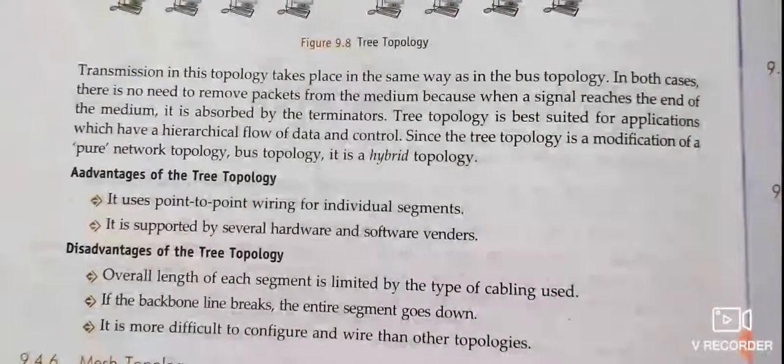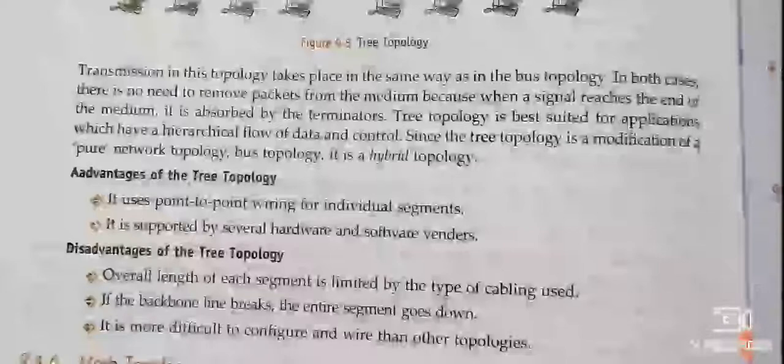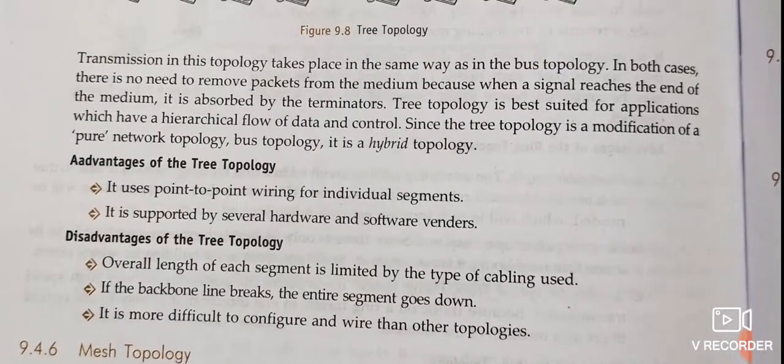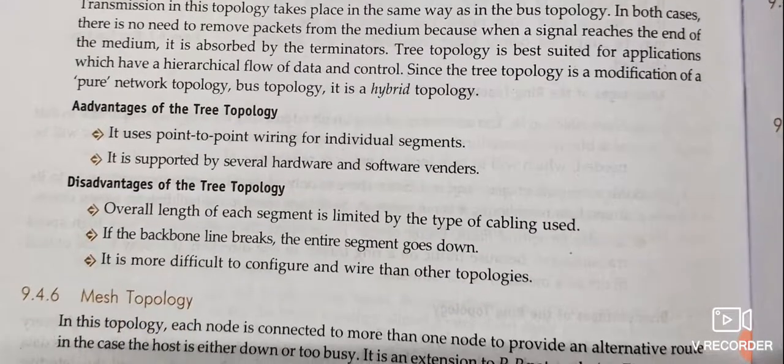Like bus topologies, it also contains a central backbone line. If there is a break in that central line, then the entire system will stop working. Clear? Next, it is more difficult to configure and wire than other topologies.